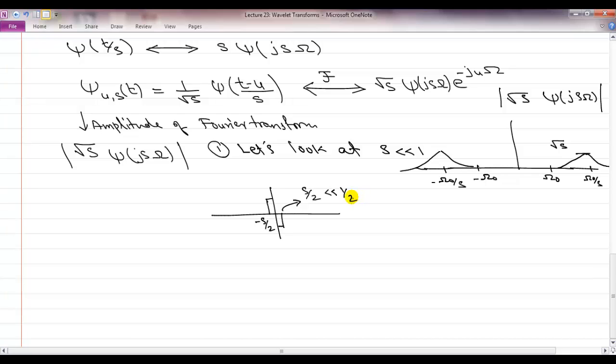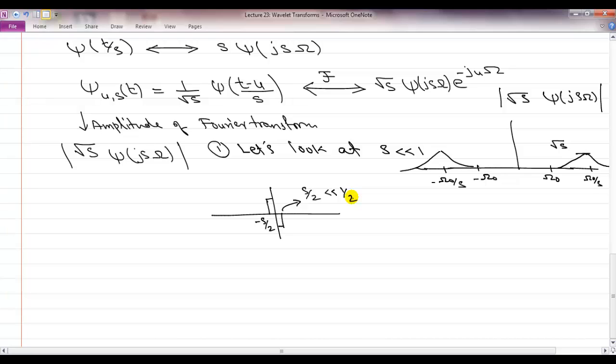So what has happened? As my scale has gone close to 0, what is happening in the time domain? In the time domain, my function is becoming more and more localized. It's getting shrunk, contracted.